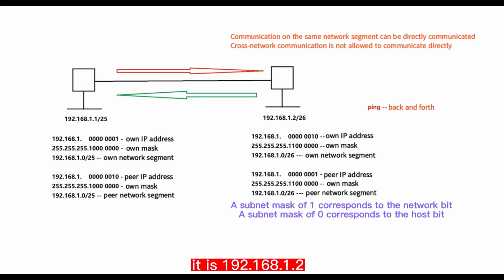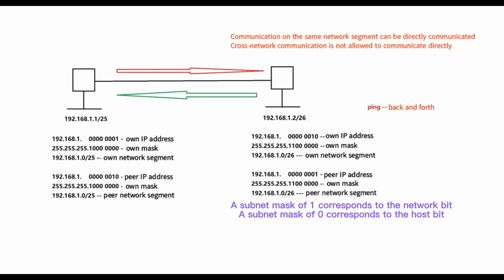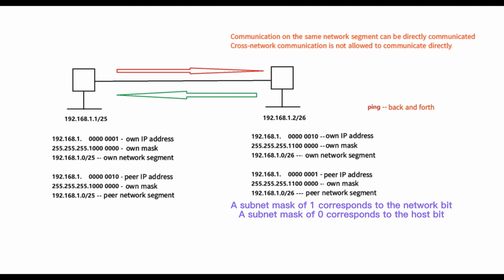It is 192.168.1.2. 1.2 is 00000010. This is what PC2 thinks is its own IP address. Its own mask is 255.255.255.11000000.